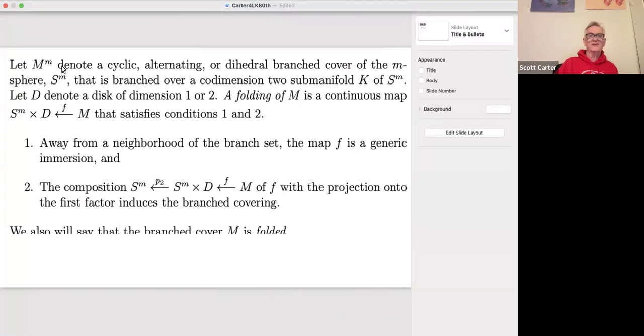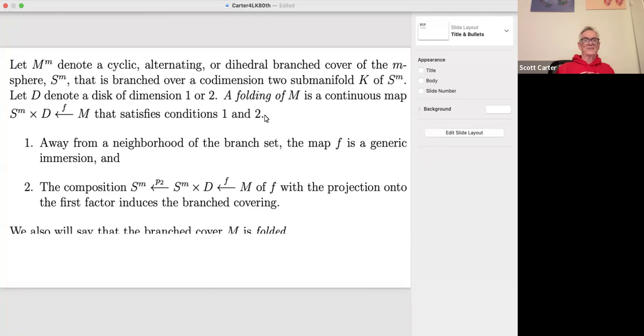And so we want the cover to be branched over a codimension 2 submanifold. So you can think of a knot, but if that hurts your head, you can just think about a branch cover of a 2-sphere. And let's let D denote a disk of dimension 1 or 2. So it's either an interval or a rectangle.